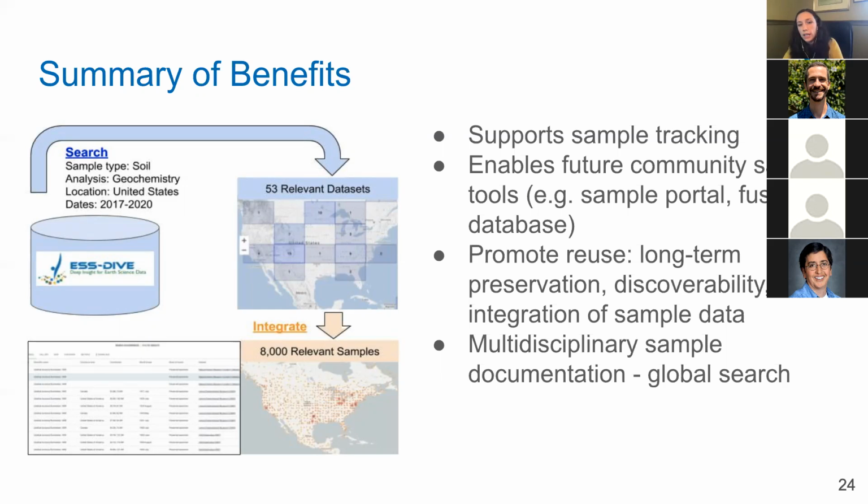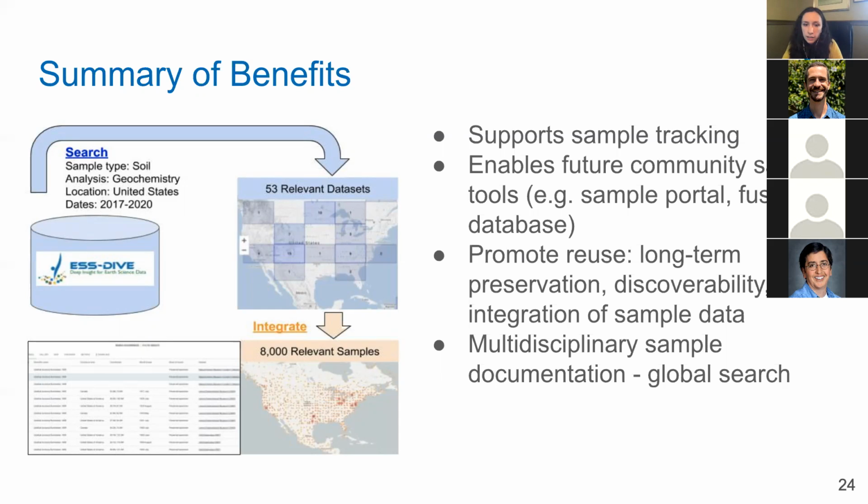It also enables scientists to use some of the future community sample tools as we publish data on ESSDIVE. For example, advanced search within and across data sets for a specific sample type or analysis, or looking for samples within a given location or a date range.